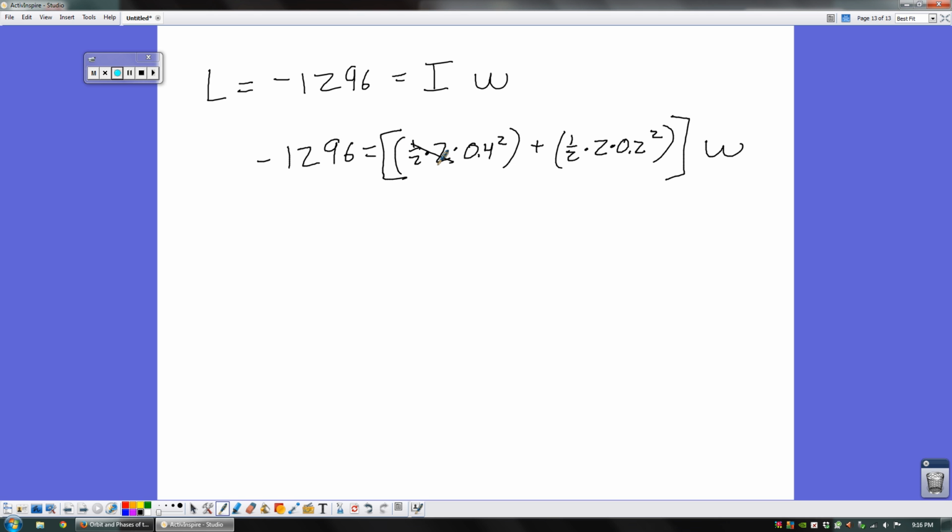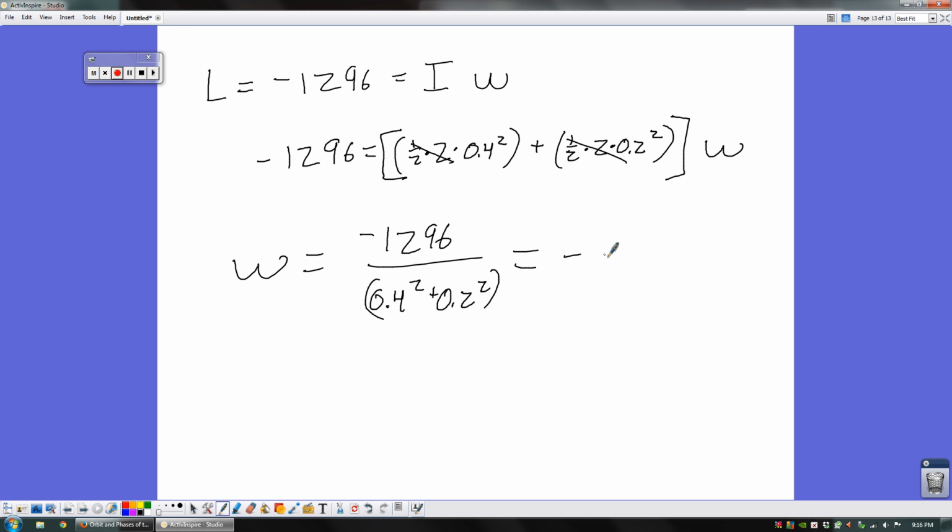Solving for omega, I'll cancel these out to make things easier. Omega is equal to negative 1296 divided by 0.4 squared plus 0.2 squared, which is negative 6,480 degrees per second in the negative direction, or clockwise.